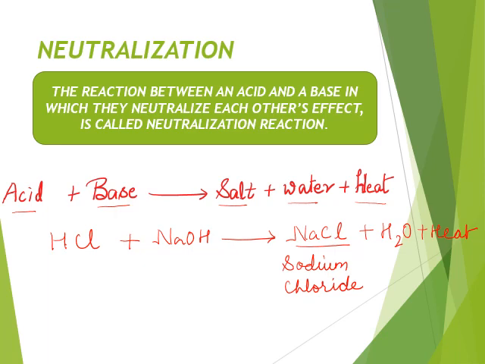So we can say that the reaction between the acid and the base is called the neutralization reaction, in which a salt is formed and heat is released. Or in other words, we can define neutralization as the reaction between an acid and a base in which they neutralize each other's effect.